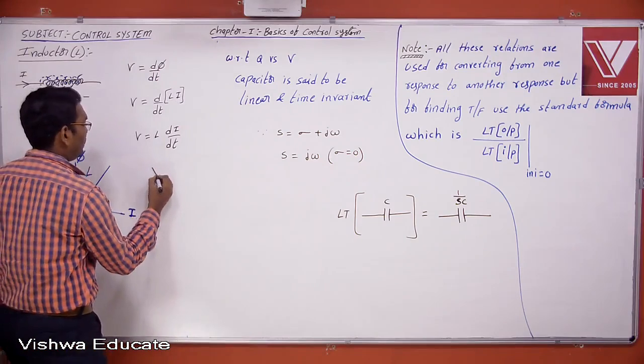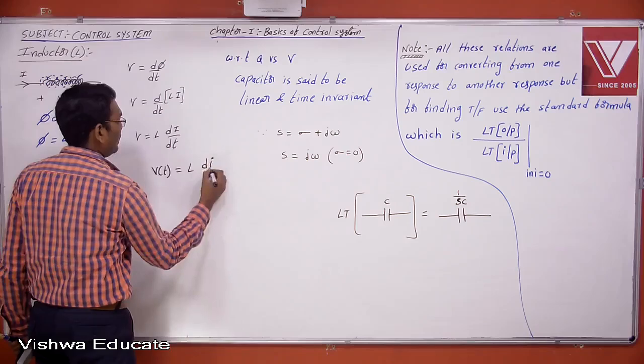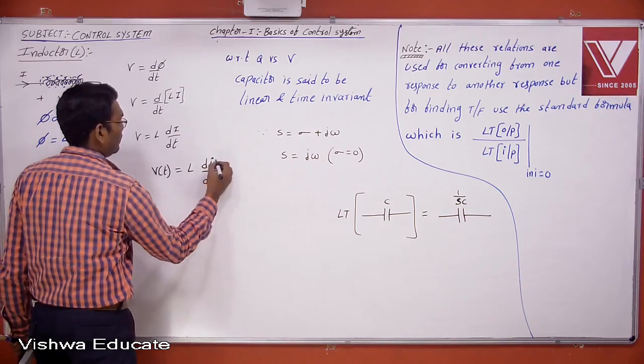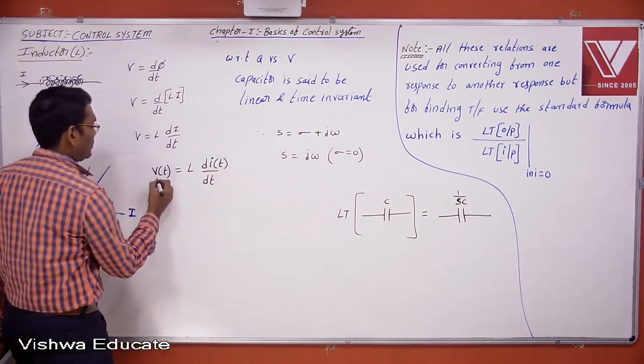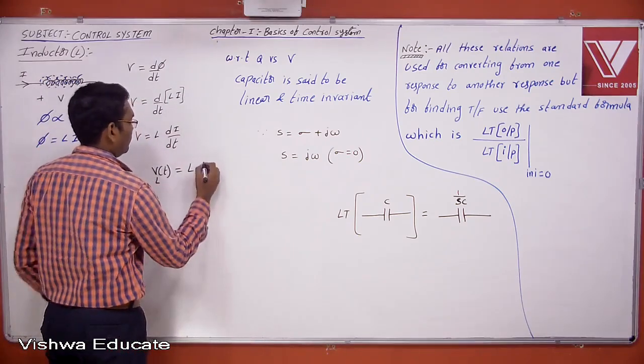Now V of t equals L into di by dt in the time domain, where this is the voltage across the coil and this is the current passing through the coil.